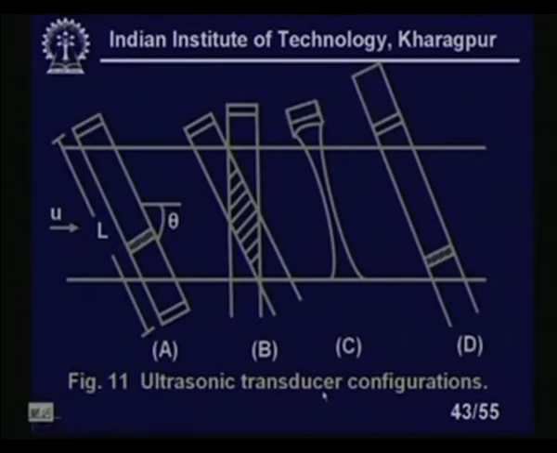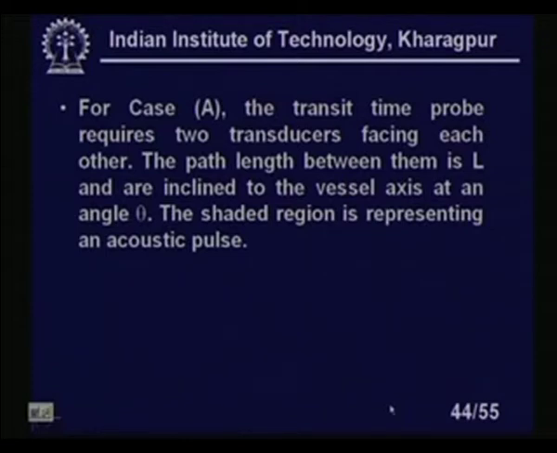You see, these are ultrasonic transducer configurations. We are using different configurations of the ultrasonic transducers, A, B, C, D. Let us look at them. Case A, the transit time probe requires two transducers facing each other and the path length between them is L, and they are inclined to the vessel axis at an angle theta.